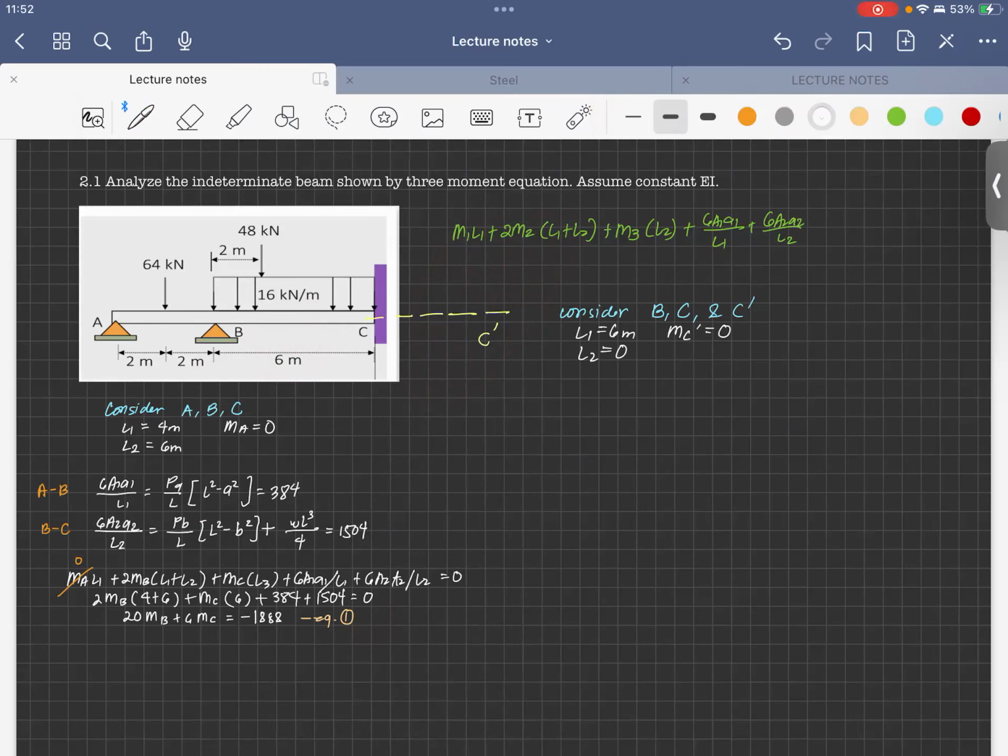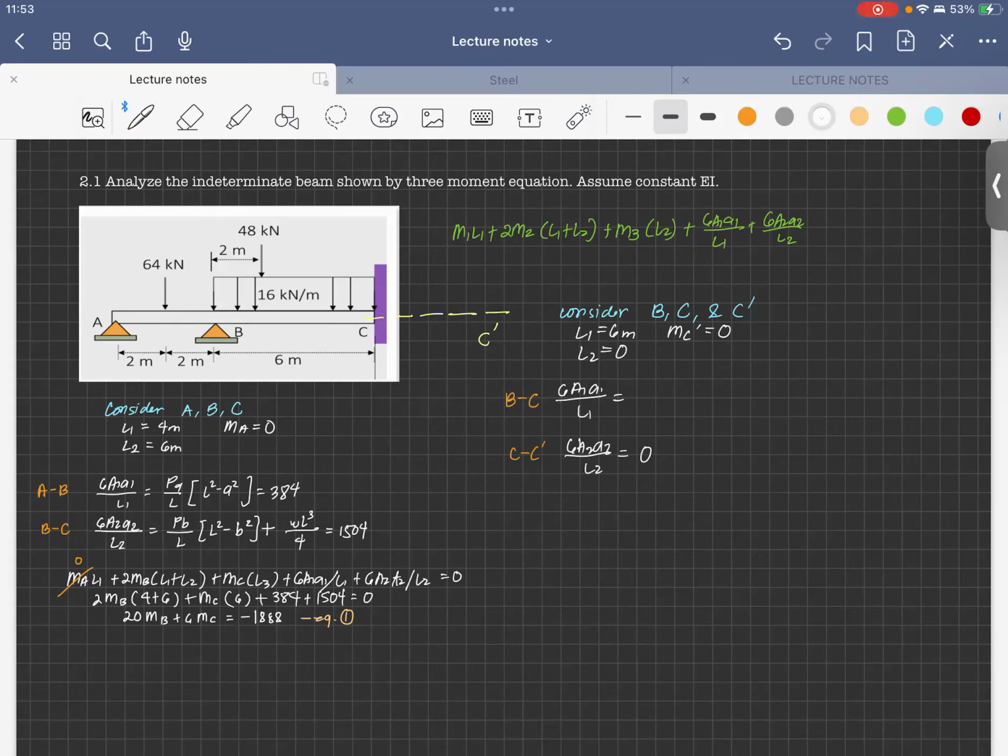Now, we'll have your 6A1, A1 over L1. So, again, this will be segment B to C. And then segment C to C prime naman yung 6A2, A2 over L2. Again, since this is imaginary, this is 0.